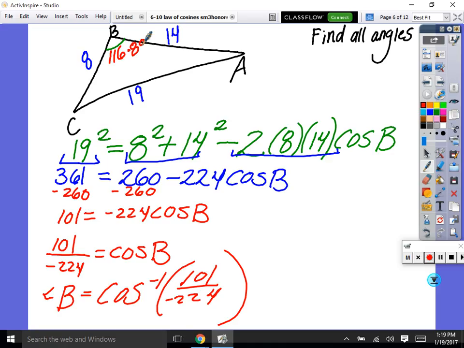Now from here, what we're going to opt for is the law of sines to finish finding the other angles. I don't care which angle we find. I'm just going to say C, randomly choosing C. So if I'm finding angle C, that's going to go on top. We'll say sine of C over the side across from it, 14, equals sine of 116.8 over the side across from it.